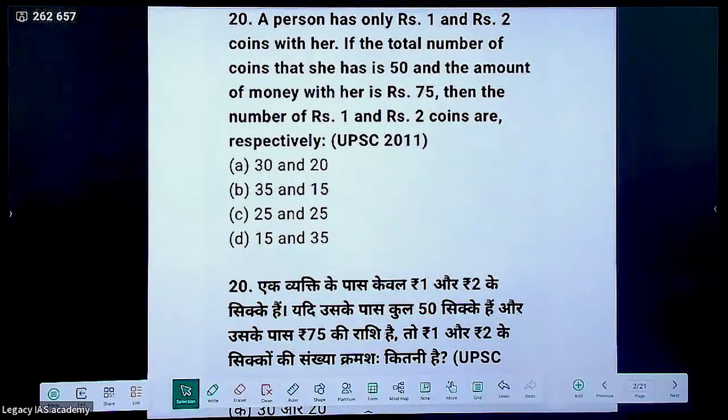So total number of coins will be x plus y. And total amount of money when you are calculating, then you have to take x plus 2y, because each y coin is of 2 rupees.